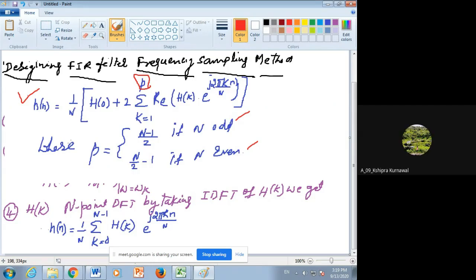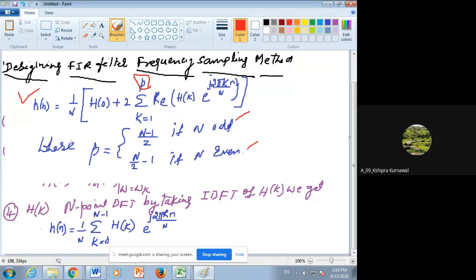Step 1. Note the value of desired frequency response HD of omega. Step 2. This frequency response is sampled uniformly at N points, that is, omega k equals 2 pi k upon N. Step 3. Such sampled desired frequency response is DFT and is given by H of k equals HD of omega at omega equals omega k, that is HD of 2 pi k by N. Step 4.